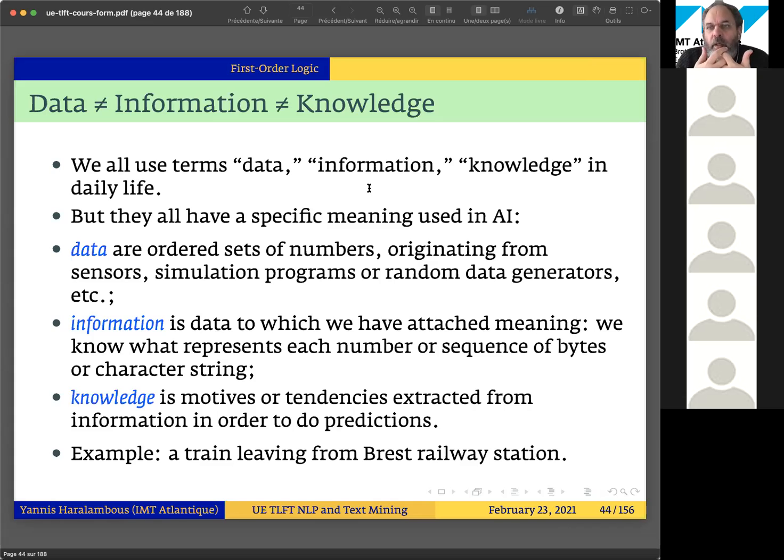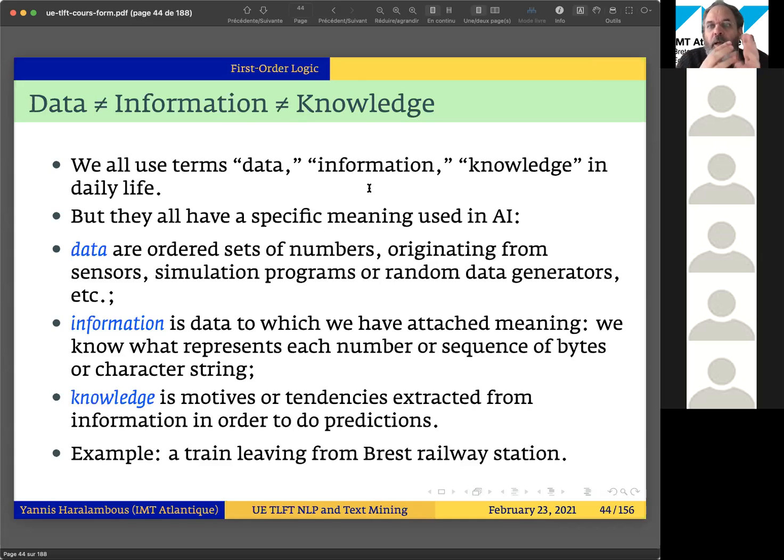Now, once I know that a specific sensor sends me visual data, images, I can recognize things in these images. For example, I can do optical character recognition and read on the label of the train where the train is going to, what is its identifier, when does it leave, the number of the wagon, the class.